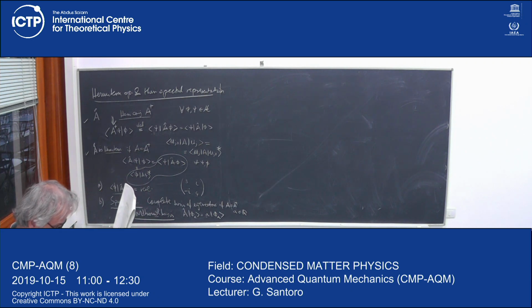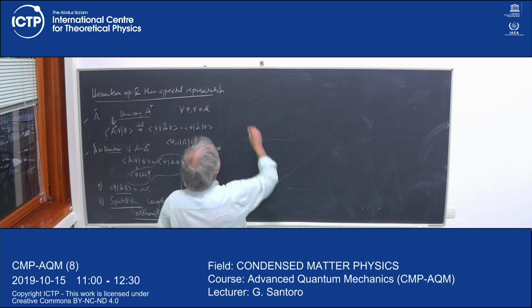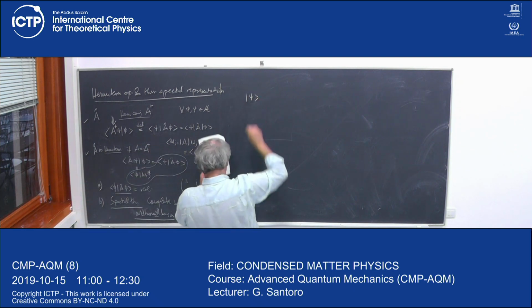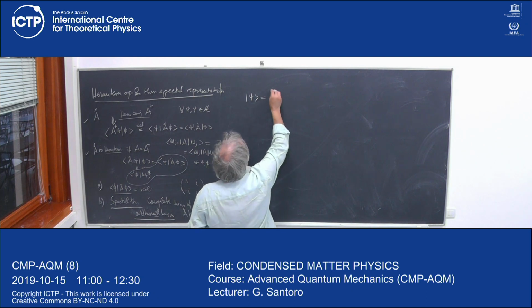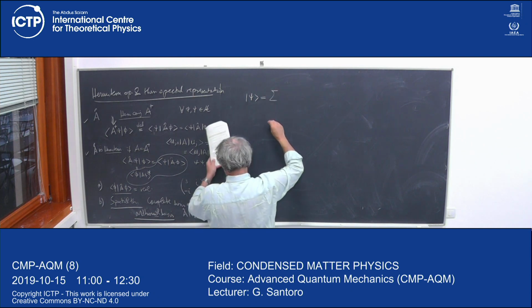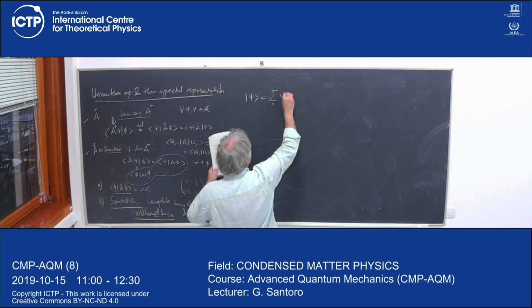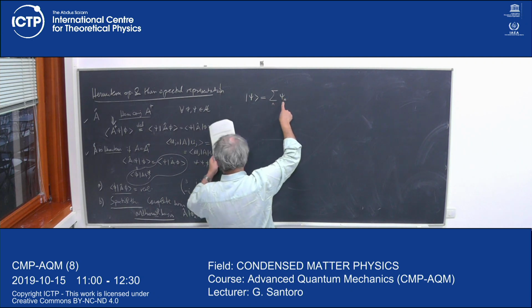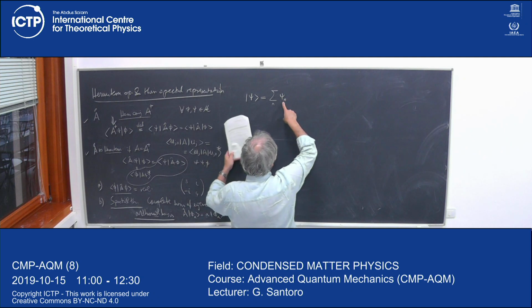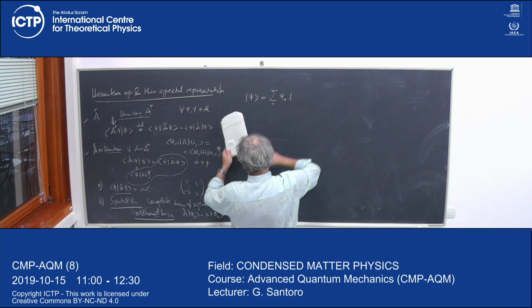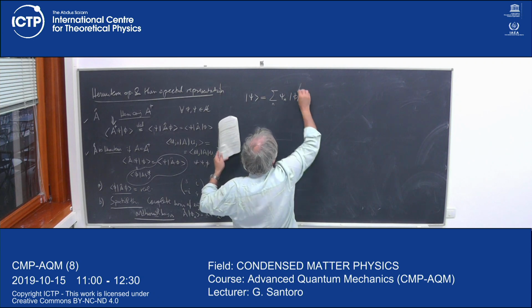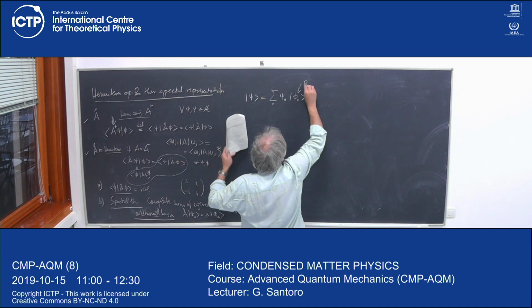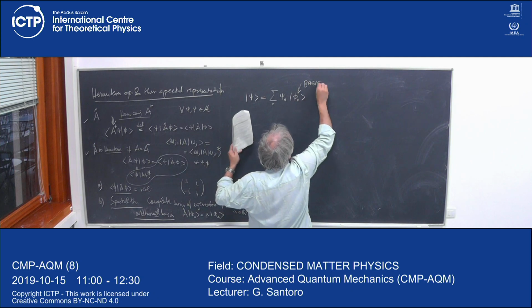Okay. Now, take an element psi in the Hilbert space. We have already said, suppose that I am in a finite dimensional space, that I can express it in terms of components psi n times phi n, where this is a basis in the Hilbert space.